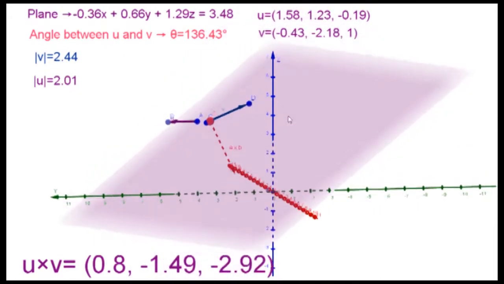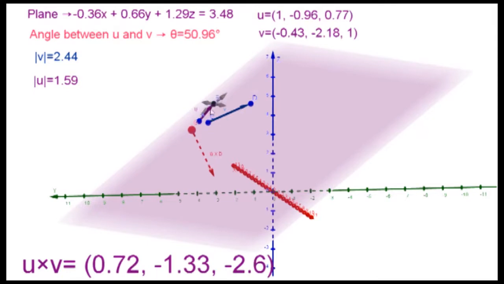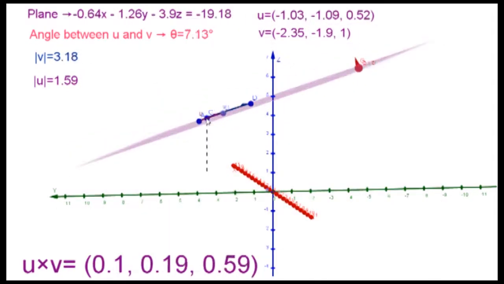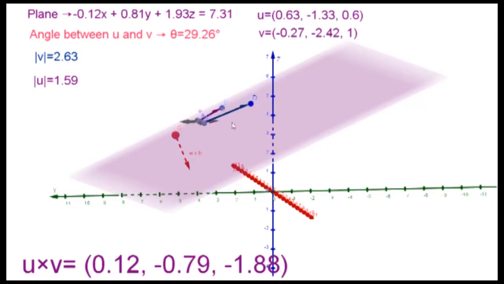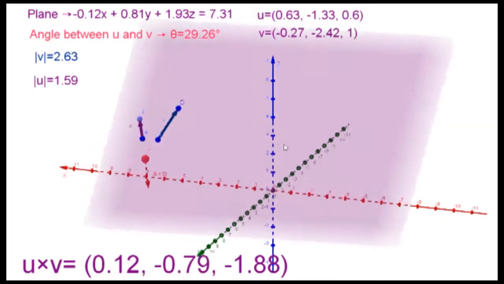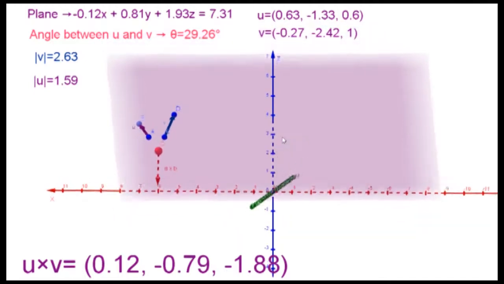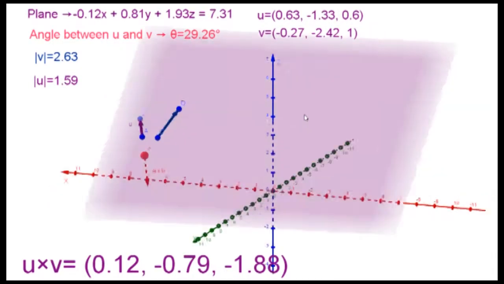Let me get this a little bit more sensible. Here we go. So we now have, in three dimensions, u and v.